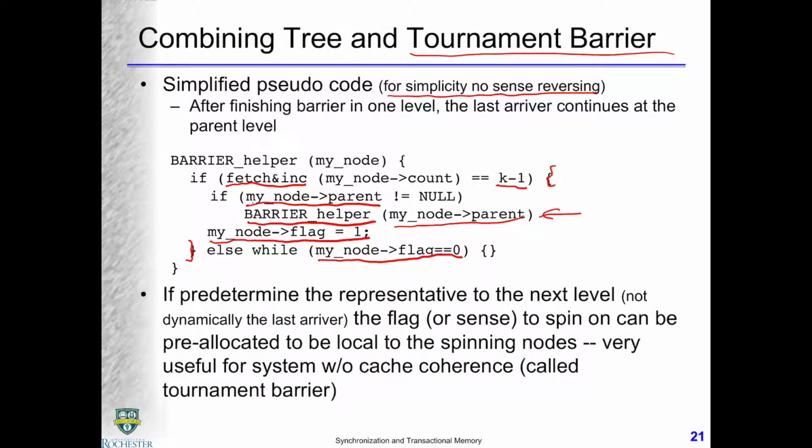But if we predetermine that among the 8 nodes, number 3 is going to be the one who participates in the next node, there's some benefit to that, especially if we can pre-allocate where we spin these variables. So there's one version that does that, called a tournament barrier. No big deal. Really, the idea is using the tree.